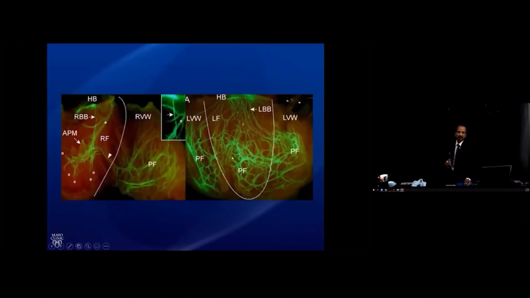And that network is relatively discrete towards the annulus, towards the His bundle region, but gets very, very intricate in the mid-septal region at the level of the papillary muscles, and then gets a little bit more discrete as we get towards the apex.